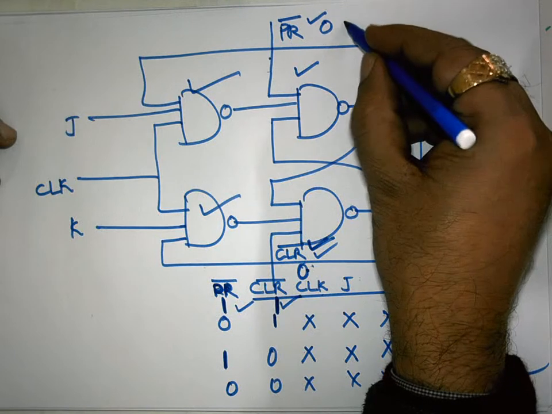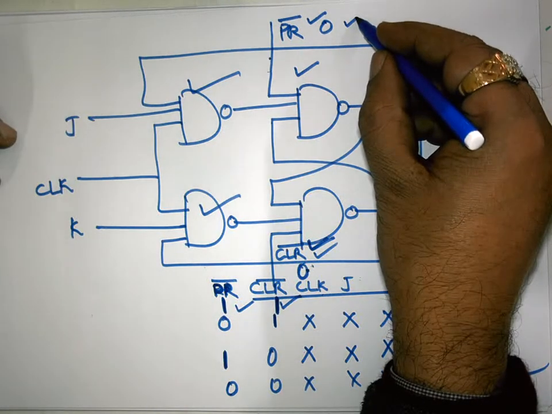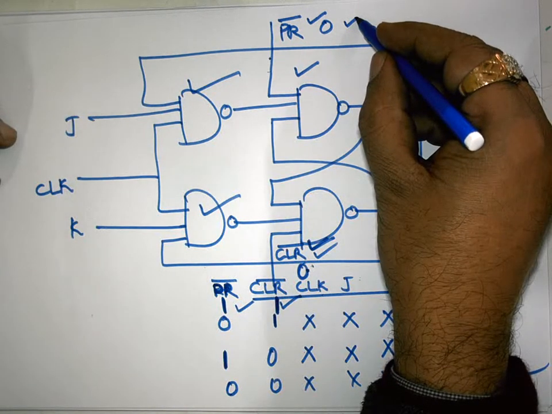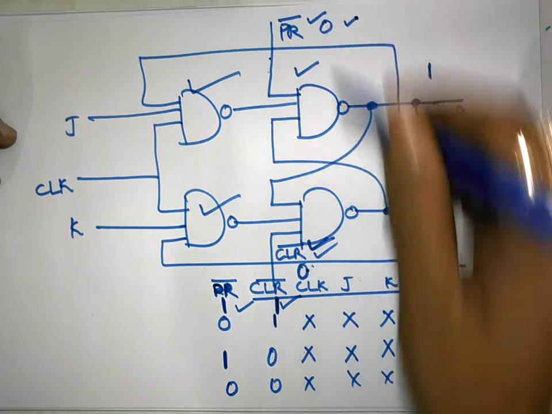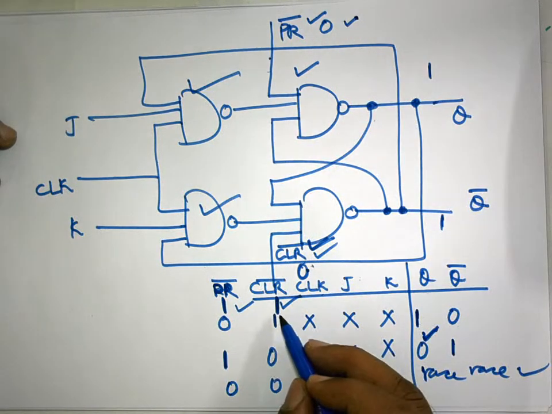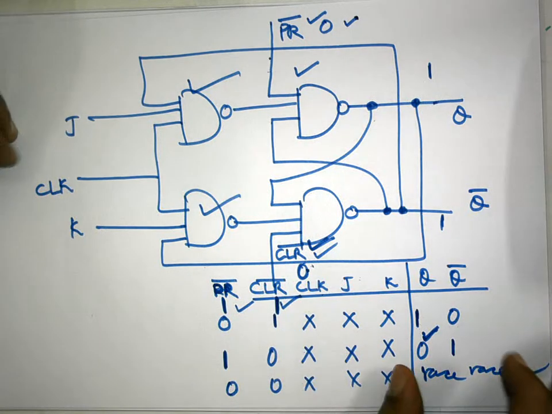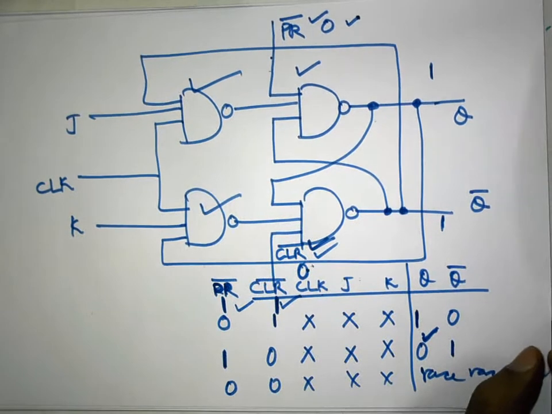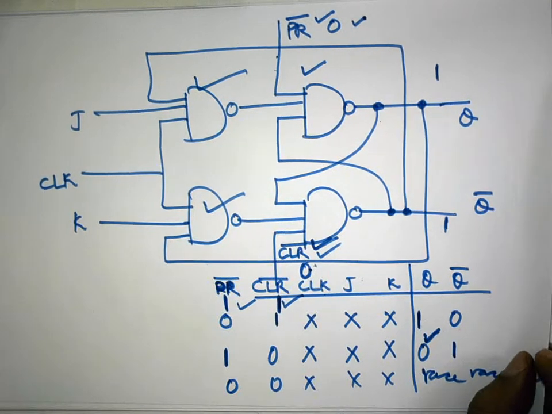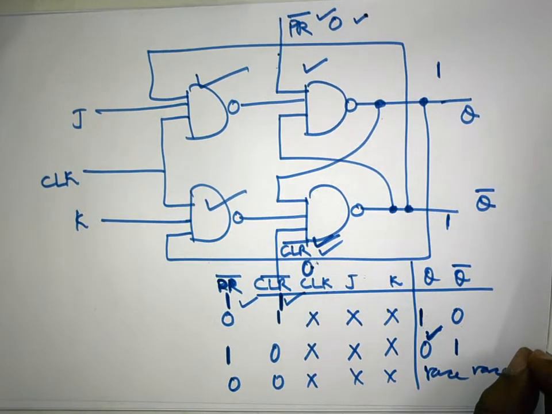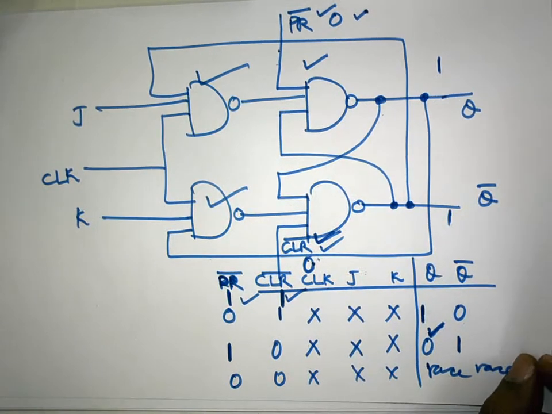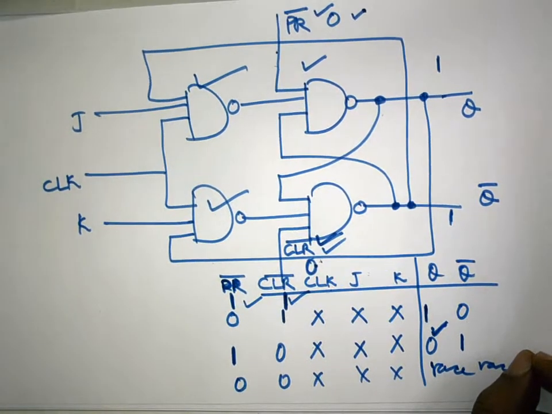So to perform any action through this JK flip-flop which is having preset and clear input, these preset and clear inputs should be equal to 1, 1. You should always take care of this while performing your lab with JK flip-flop if it is having preset and clear input.